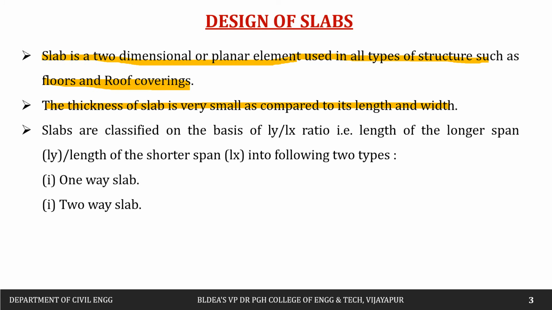Now, slabs can be classified based on many aspects. One is based on shape: square, rectangular, circular or polygonal, etc. Next, based on the type of supports: slab supported on walls, on beams, on columns, etc. Then based on support or boundary conditions: simply supported, cantilever, overhanging, fixed or continuous slabs.